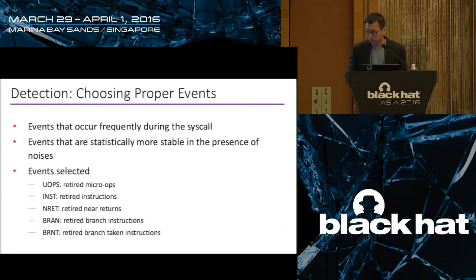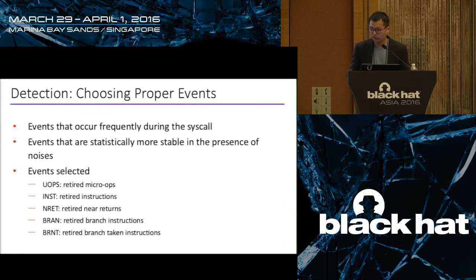Right? So the second criteria is that we run through a number of experiments and we categorize the variation of those counter readings using statistical methods. And then we find the ones that are more stable in terms of different executions.